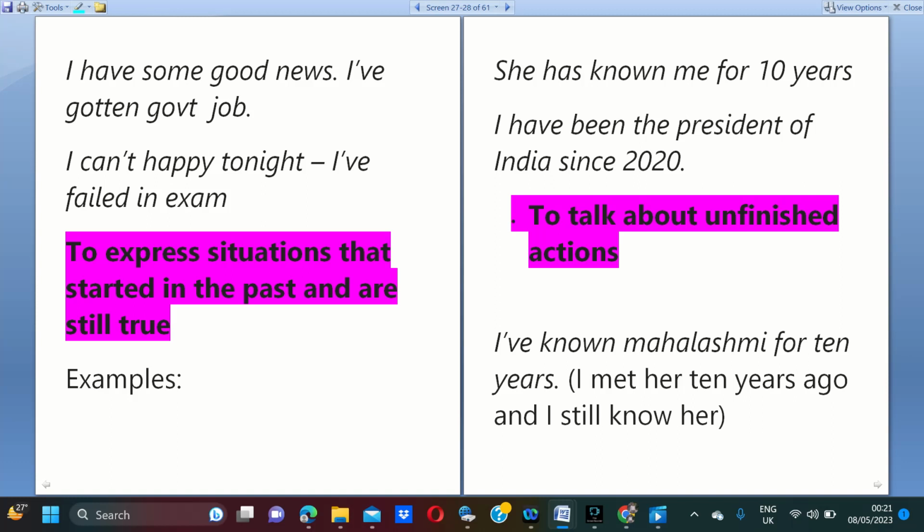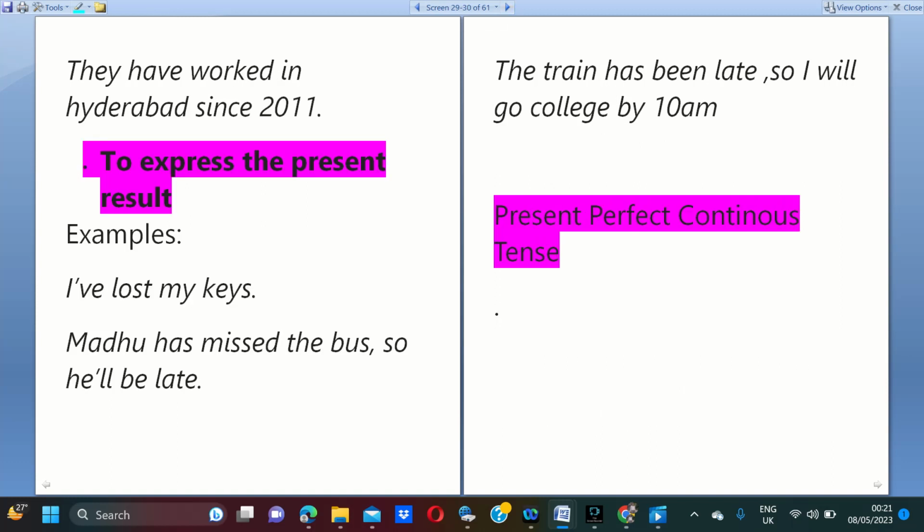Sometimes we can say completed actions by using perfect tense. Sometimes we can't say exactly when it is finished. Present perfect tense is used to talk about finished actions and unfinished actions also. Next, they have worked in Hyderabad since, to the here point of time.